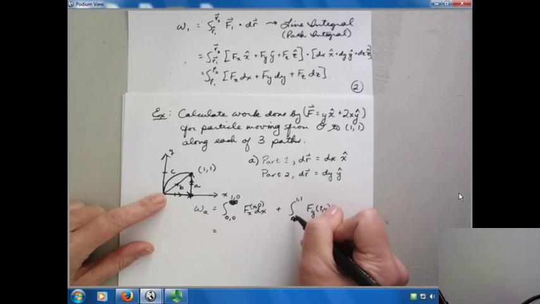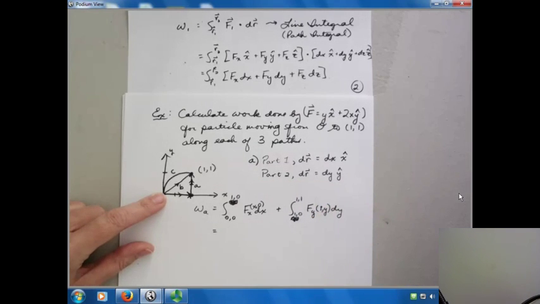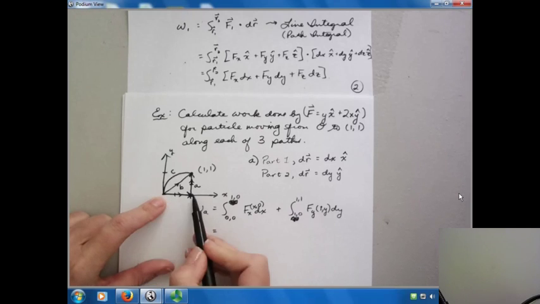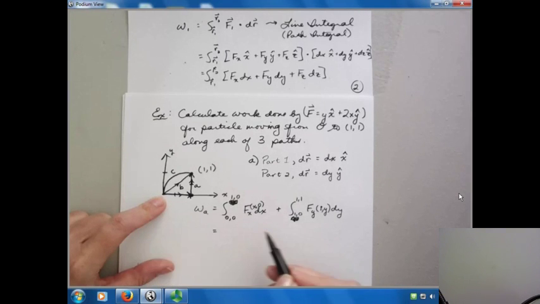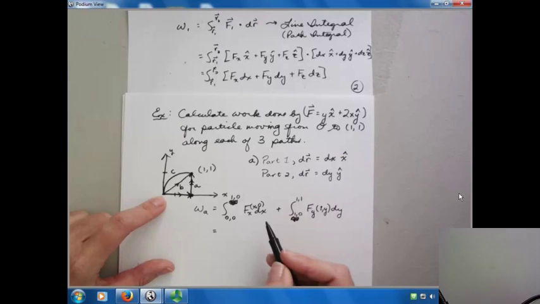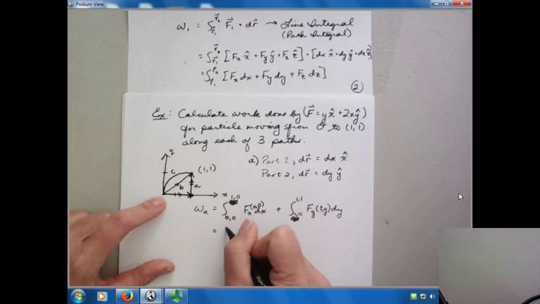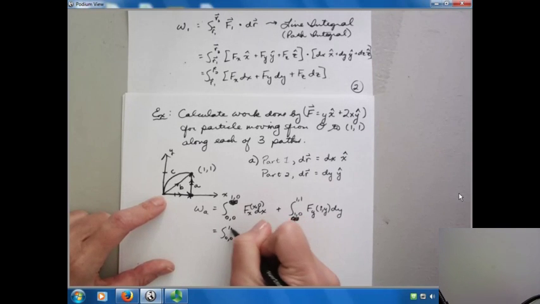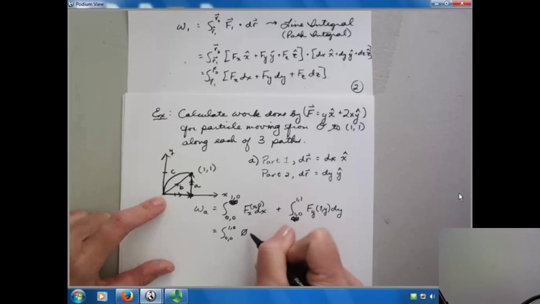And (0, 1) here should be (1, 0). Okay. So I go from (0, 0) to (1, 0) here along this path. All right, so everywhere here my y value is 0. My x component of force is equal to y. So I have the integral from (0, 0) to (1, 0) of 0 dx.